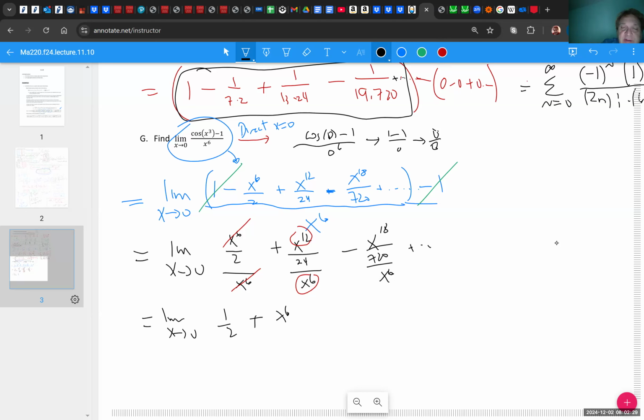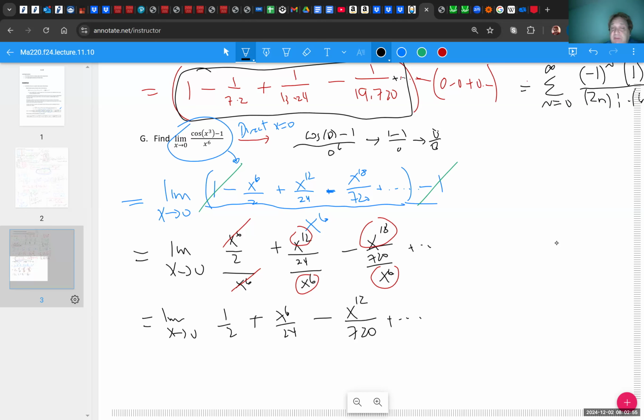There's more x's on top than on the bottom. So x to the 6th over 24. Yeah, that's right. And then the next one's minus. And this is x to the 18th over x to the 6th. Once again, you have two powers with the same base. You subtract the exponents. You get x to the 12th over 720, etc.